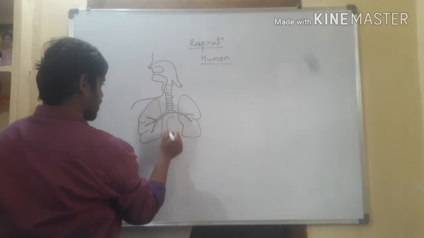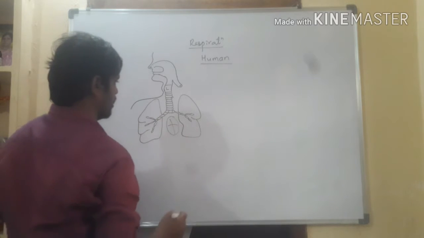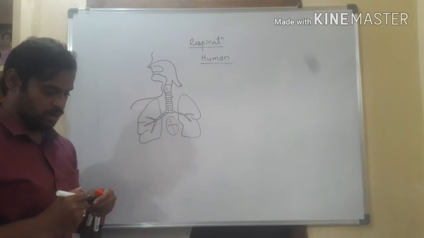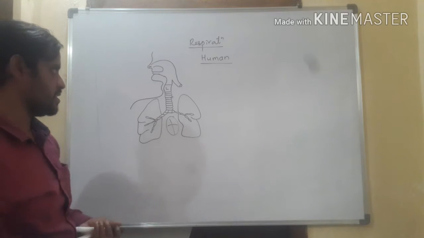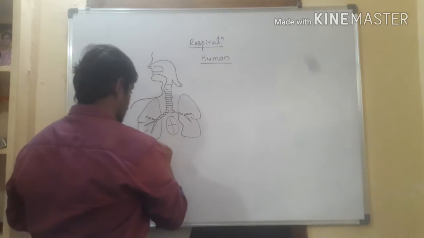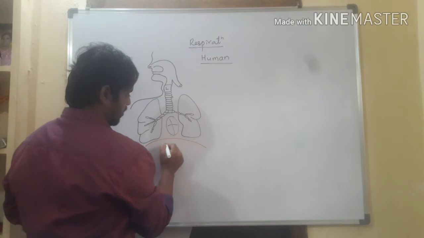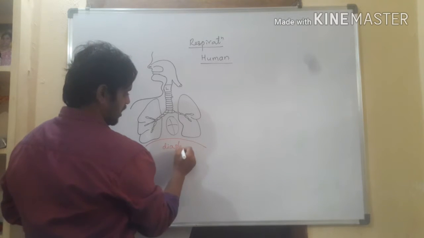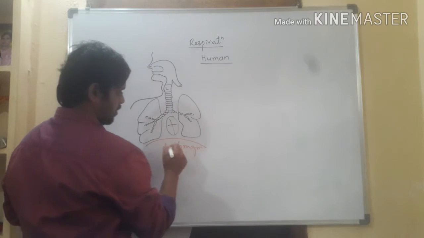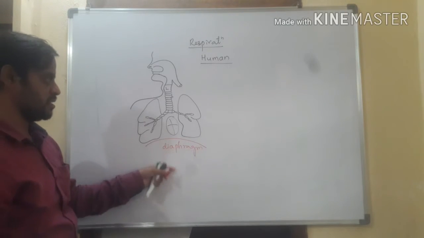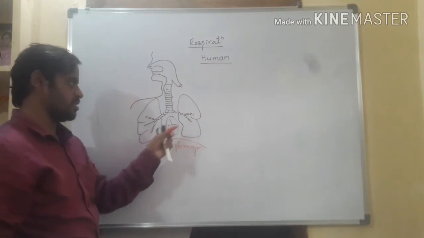The left lung is smaller because of the presence of the heart, right? So here is the respiratory system of our body, and here you can see the diaphragm, which divides the stomach and chest, right?